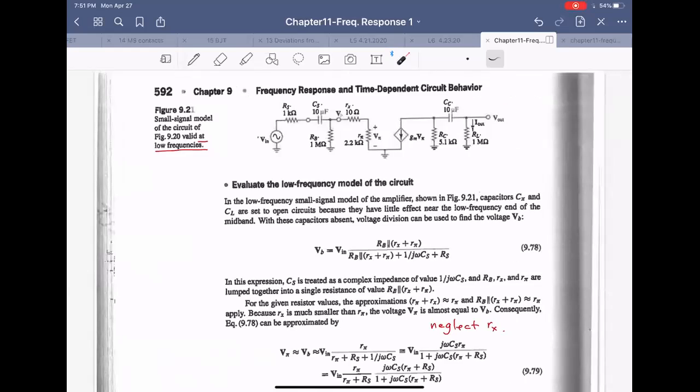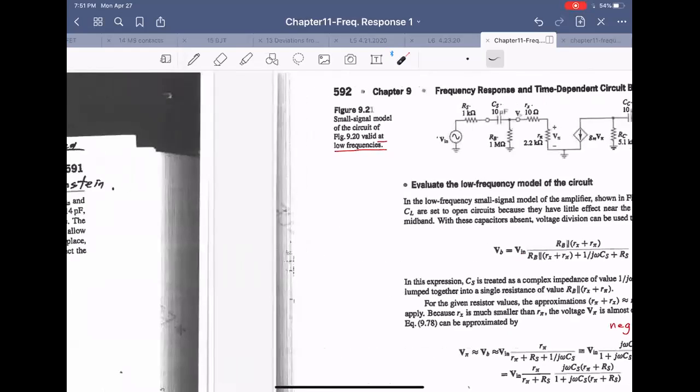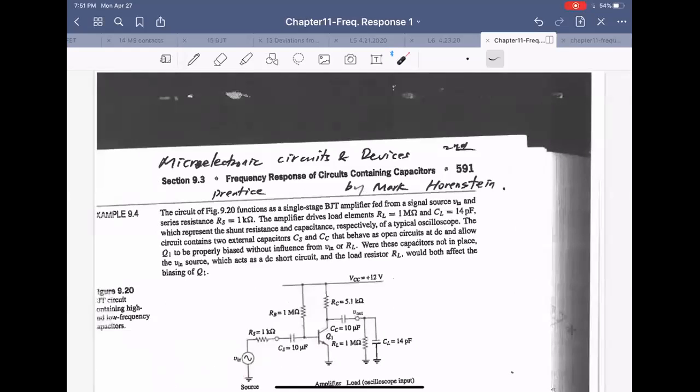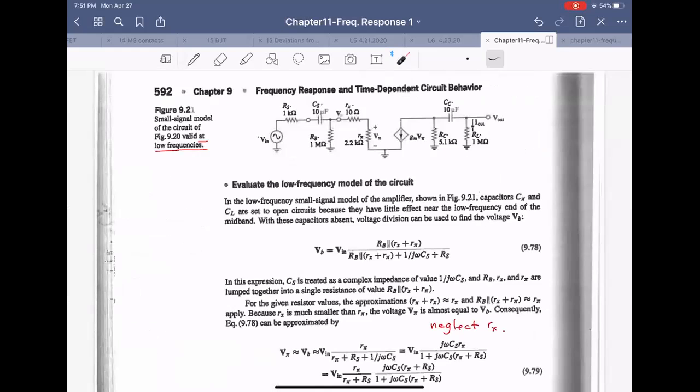On the upper side, we have RC to ground, and CC and RL to ground. This is the equivalent circuit. Input is here, and output is here.